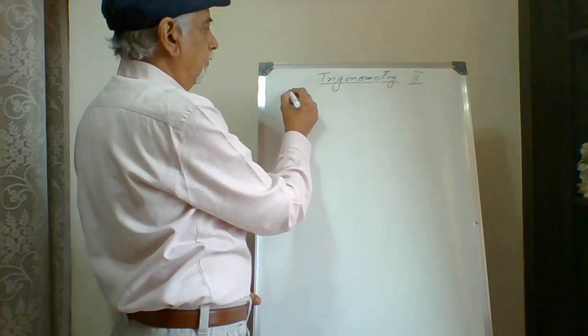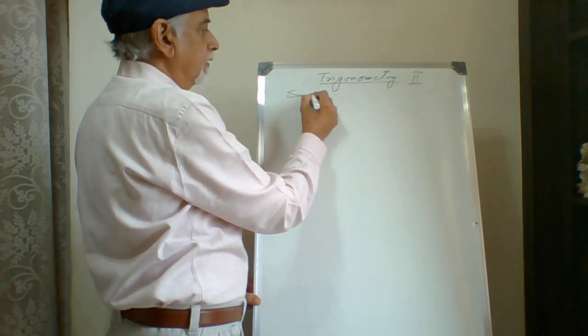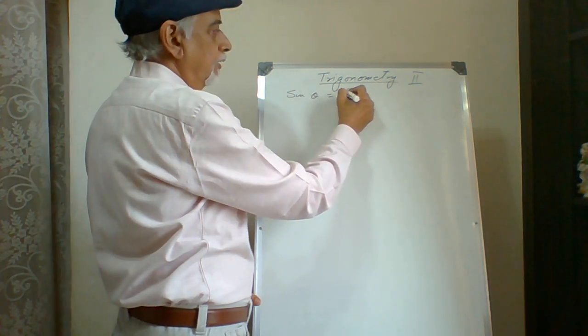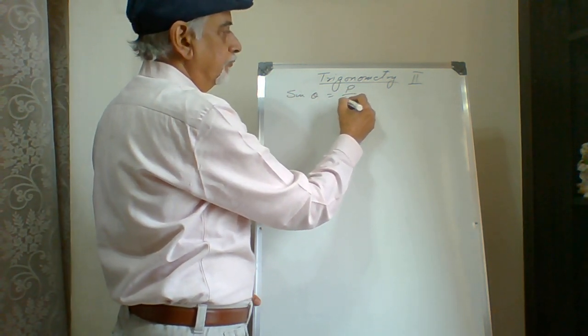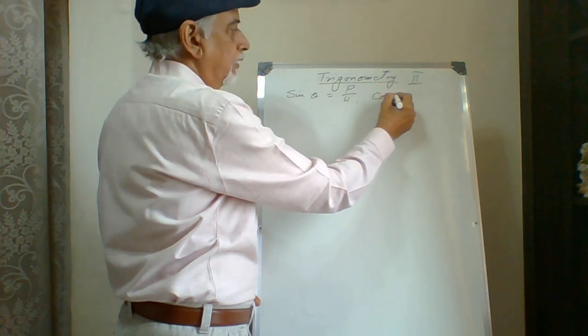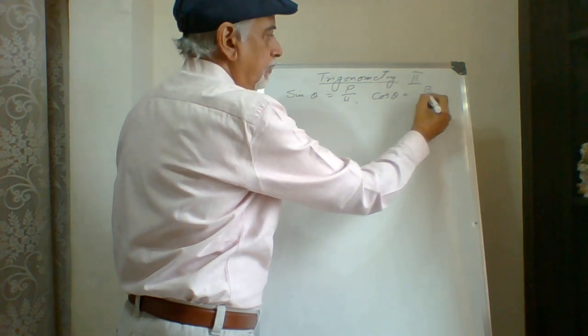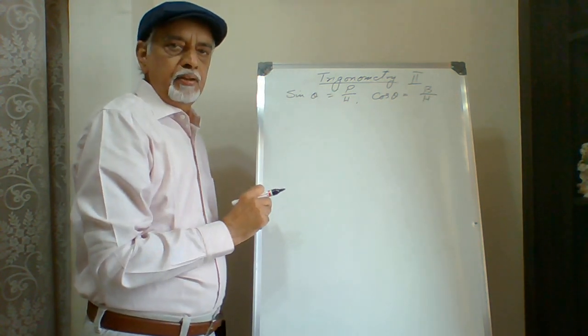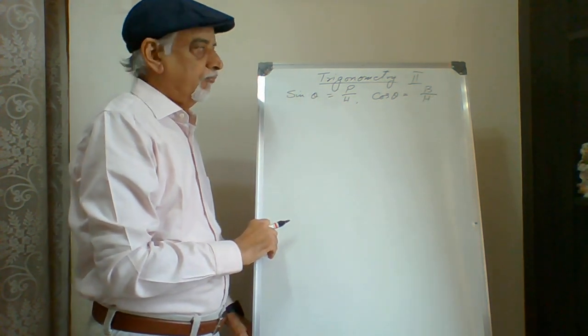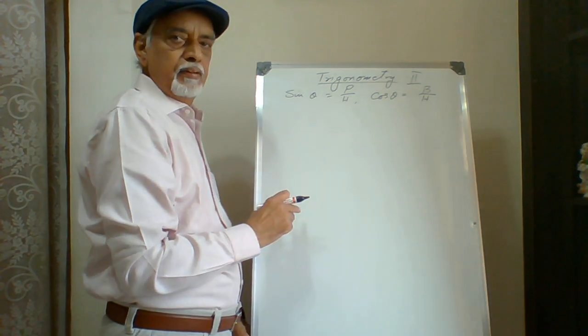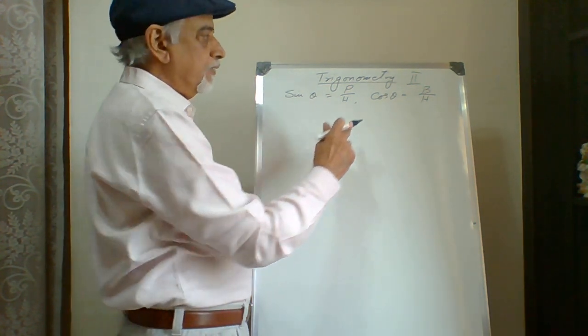Right. Now, we understood that sine theta was called P by H, cosine theta was called B by H. P is the perpendicular, H is the hypotenuse. B is the base and H is again the hypotenuse.